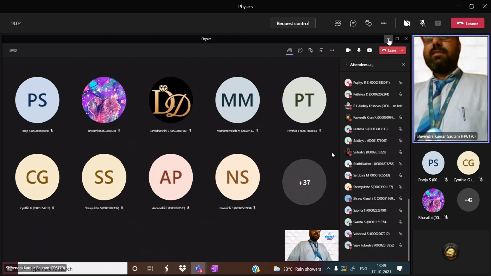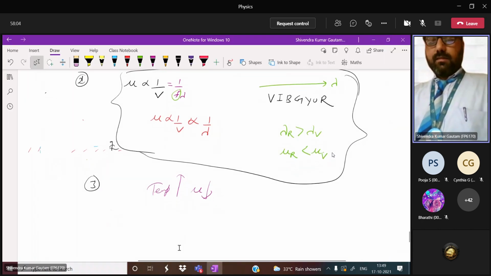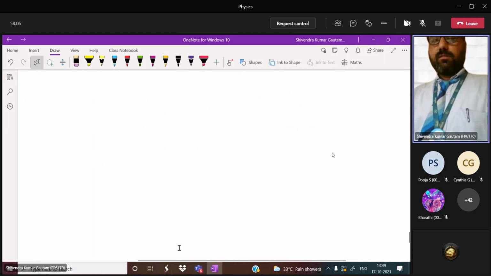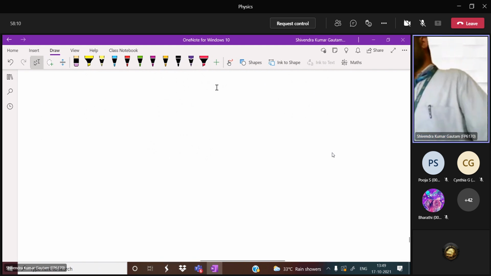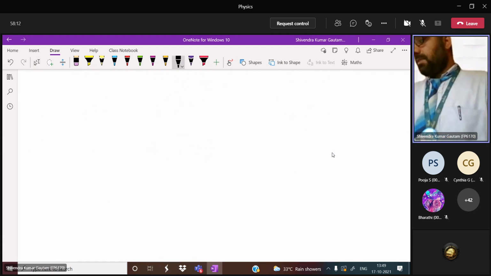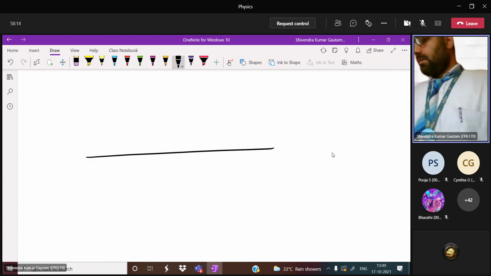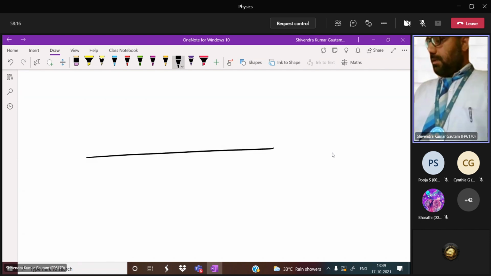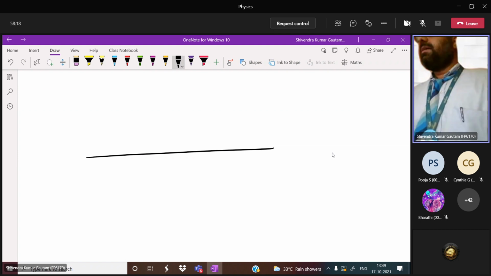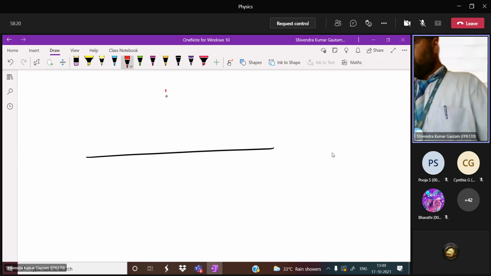Write down Snell's law. See everybody, suppose this is the interface which separates the two media, not social media. This is the normal.